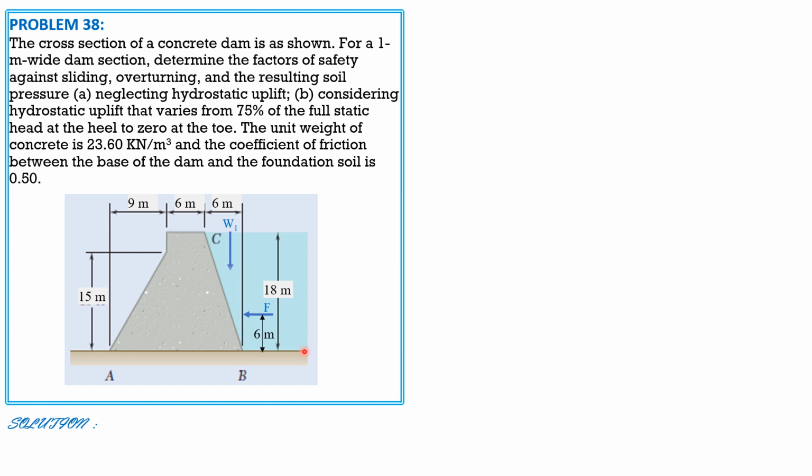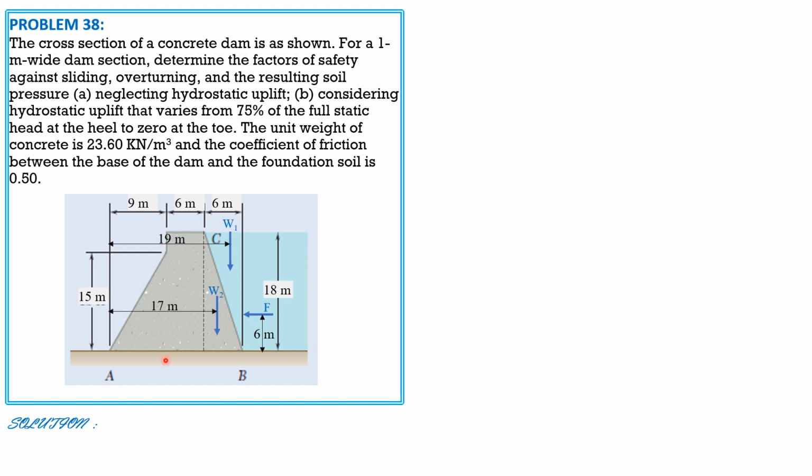Then we have weight 1, the distance from this vertical end is 2 meters, 1/3 of 6, so since B is 21 minus 2, it is 19 meters from the toe, from A. Then this one, concrete masonry, call this W2. Since this is 1/3 of 6, or 2 plus 6, 8 plus 9, 17, its distance from A is 17 meters as shown.